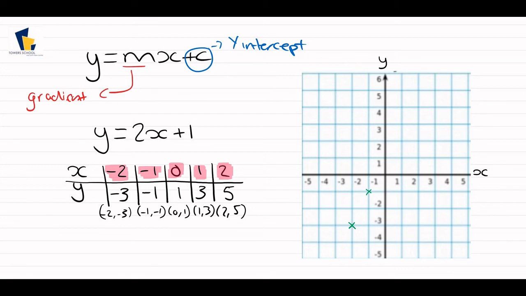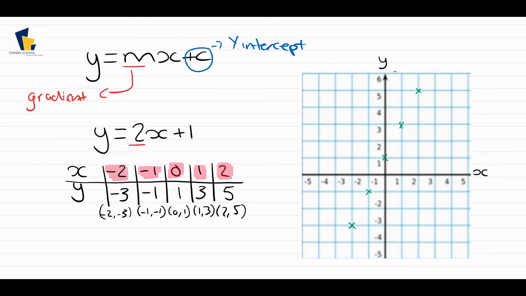I'm going to 0 and then 1. I'm going to have 1 and 3, and then 2 and 5. So here we've plotted our coordinates, and as you can see, we knew that it was a positive gradient.